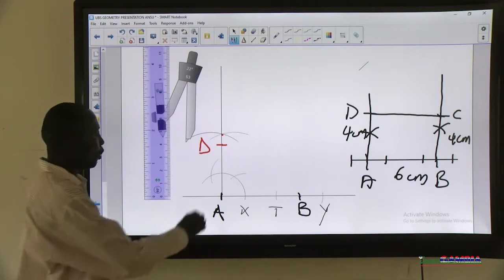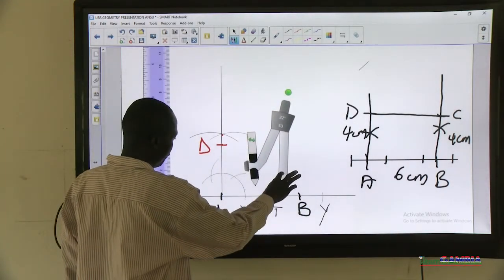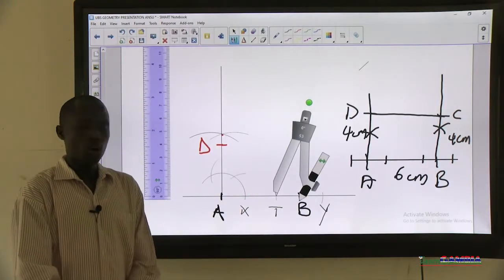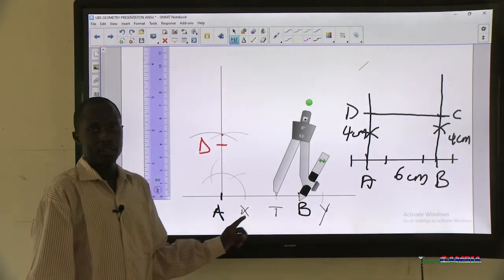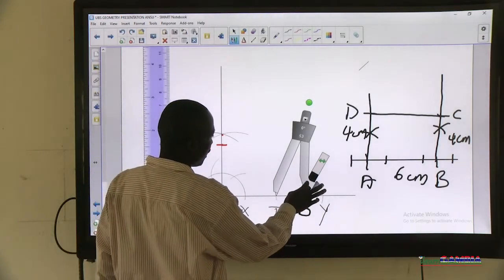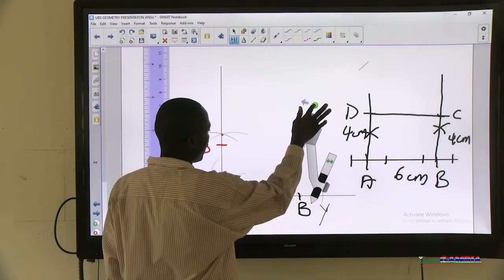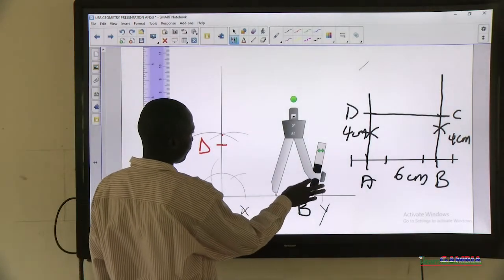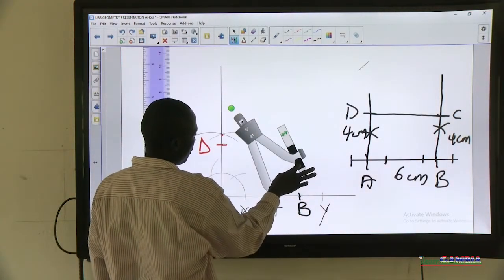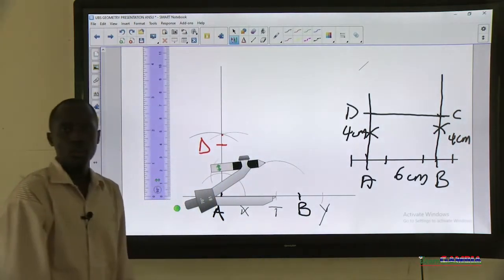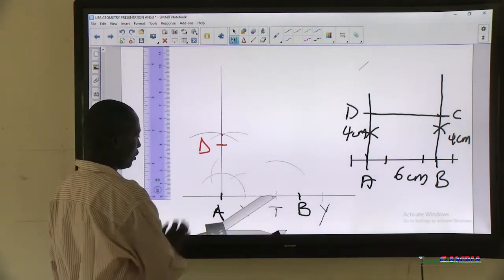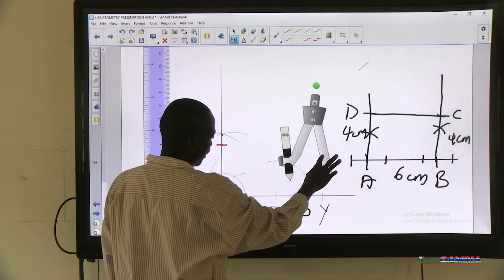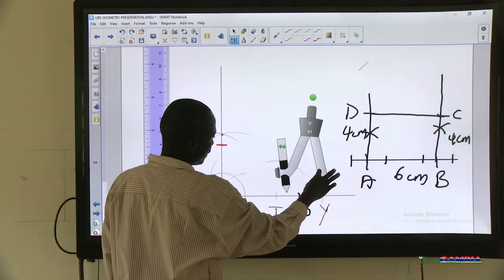Okay? So with T as center and a radius which is at least more than half TY, I draw an arc up. I'm going to draw another arc. I have done that with the same radius and Y as the center. The same radius and Y as the center.